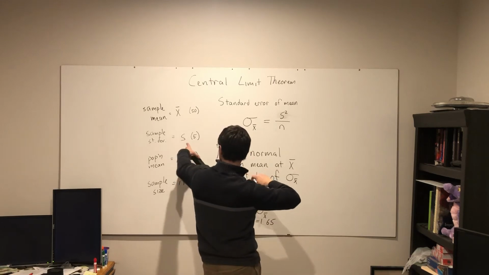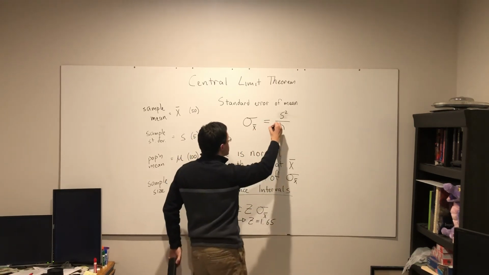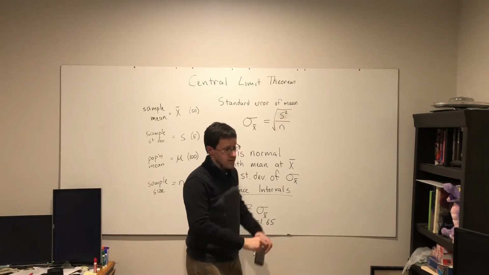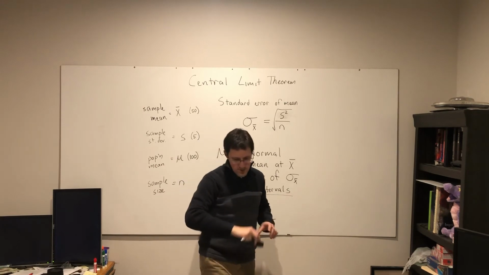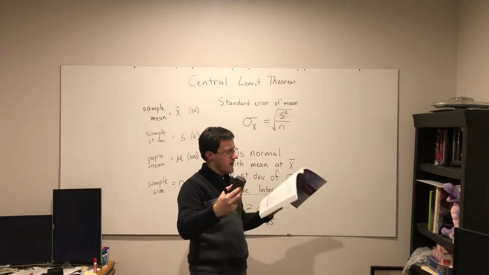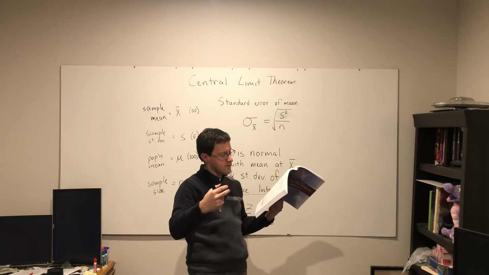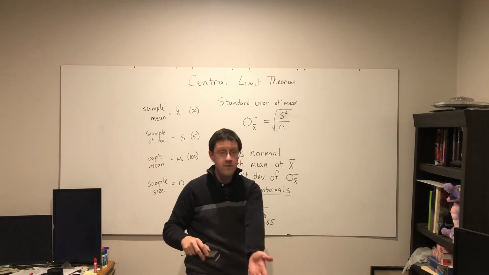I will take this sample standard deviation, square it, and take the square root of that whole thing. That is, even though it's very similar, that's how it is set up in the book.